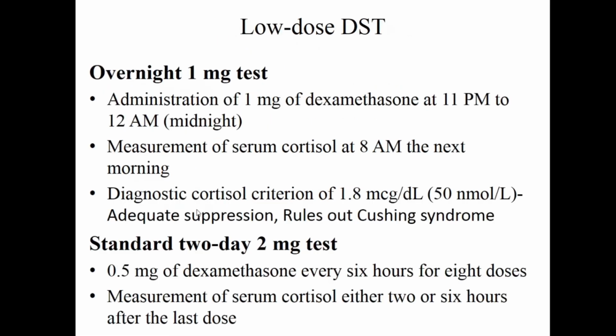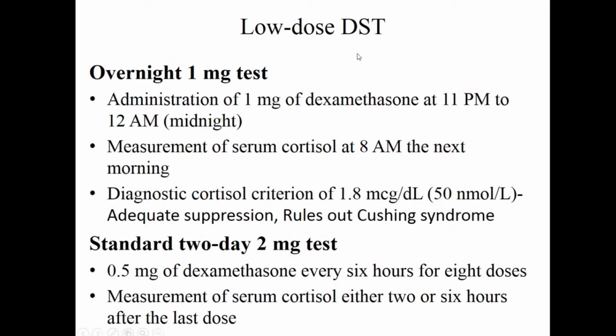Next is what is known as the dexamethasone suppression test. There are 2 types: one is the low dose and the other is the high dose. For the low dose we use 1 milligram of dexamethasone, and the high dose is 8 milligrams.